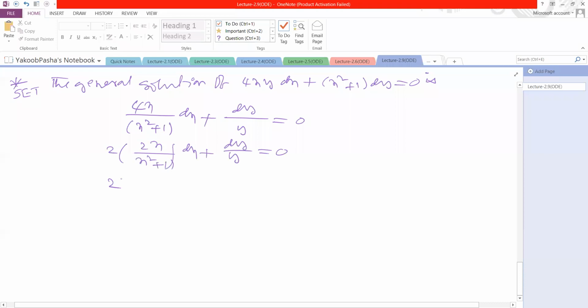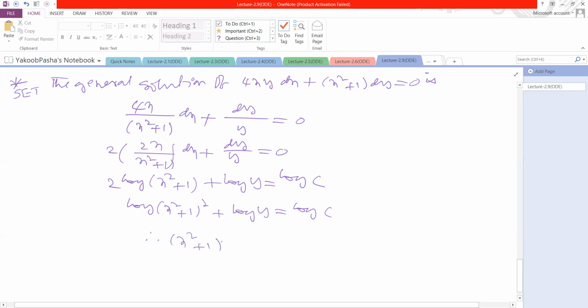Integration of f dash x by f of x formula, that is log x square plus 1. This is log y is equal to arbitrary constant log c. So this can be written as log x square plus 1 whole square plus log y is equal to arbitrary constant log c. Therefore, x square plus 1 whole square into y is equal to c is the right option.